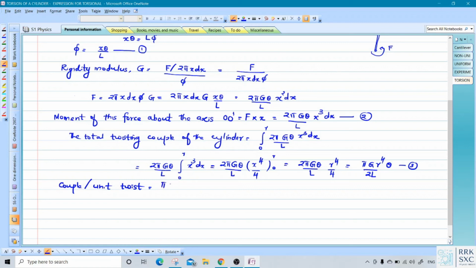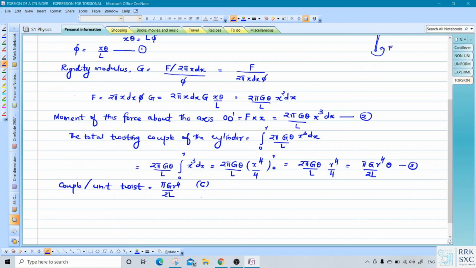So that will be pi g r raised to 4 by 2L. So pi g r raised to 4 by 2L will give you an expression for the couple per unit twist, and it is normally represented as C. That is the couple required for twisting the cylinder through unit radian, that is theta equal to 1.